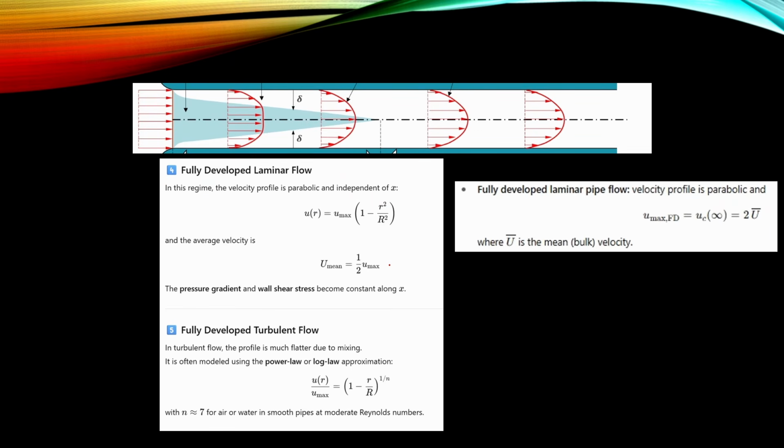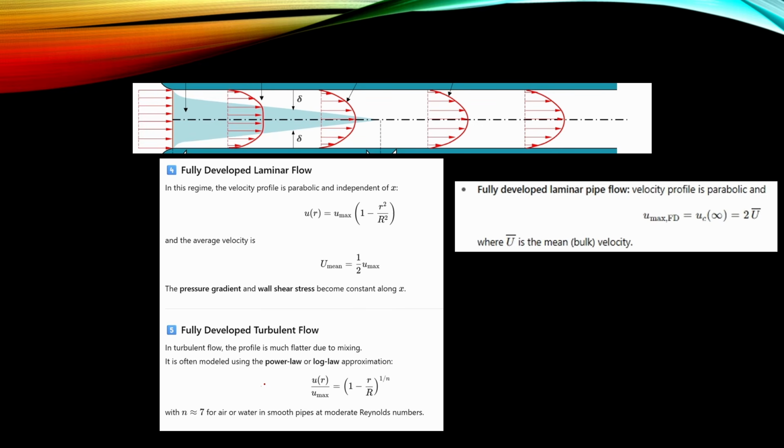If you need to calculate the velocity profile in pipe for laminar flow, you can use this simple function. Here this U max can be calculated based on your volume flow and cross-sectional area.